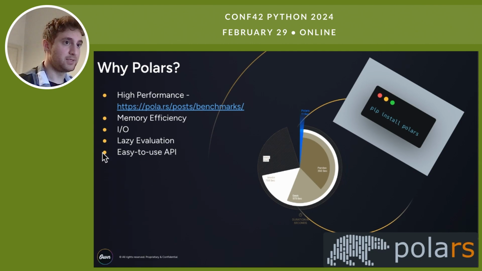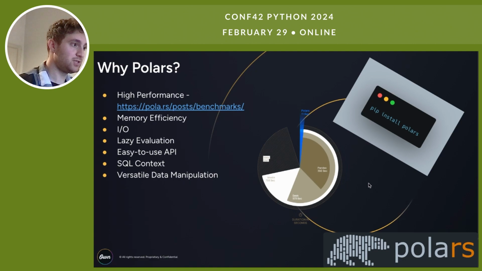We have an easy to use API. Despite its high performance, Polars provides a user-friendly API, making data manipulation and analysis straightforward for Python users, especially for those coming from other data processing libraries. We have SQL context, which is our subject for today. And we have versatile data manipulation.